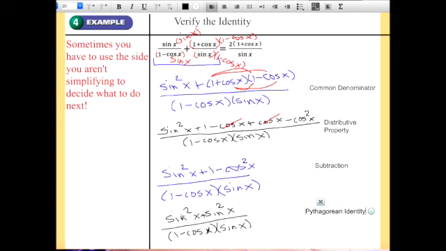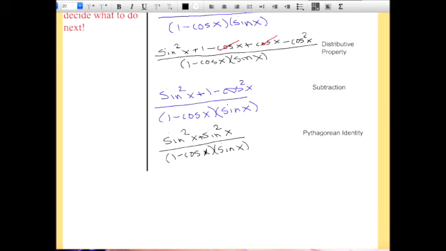Okay, well, we know that sine squared plus sine squared is 2 sine squared. So let's add.